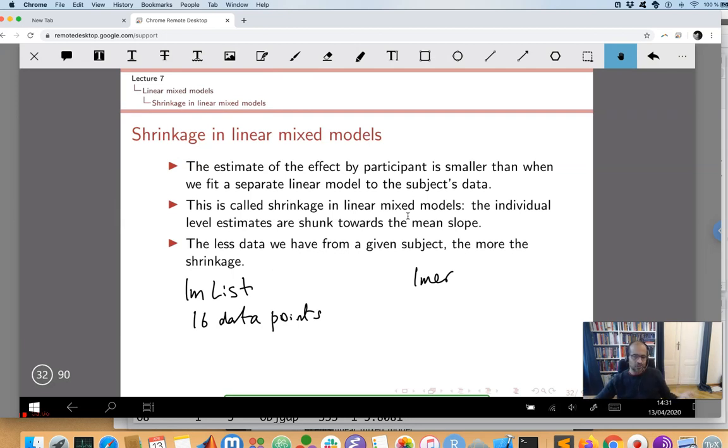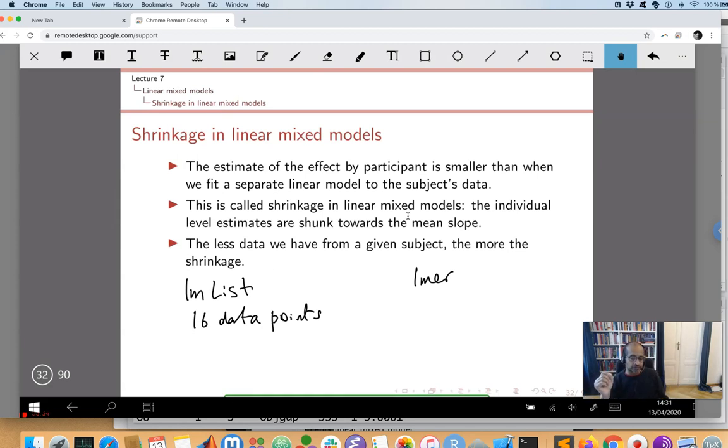That process is called shrinkage. You shrink the estimates of each of the subjects towards the grand mean. Why would you do that? That's an interesting question. Why would I even want to drag every subject's estimate, based on their own 16 data points, closer to the grand mean?